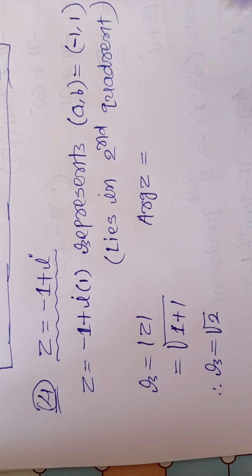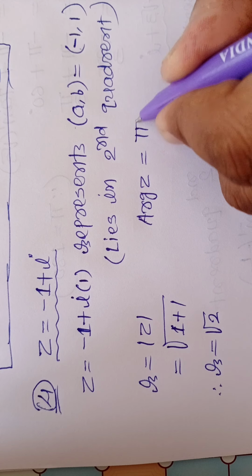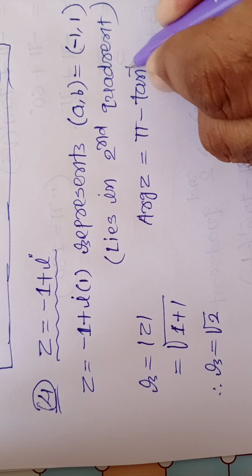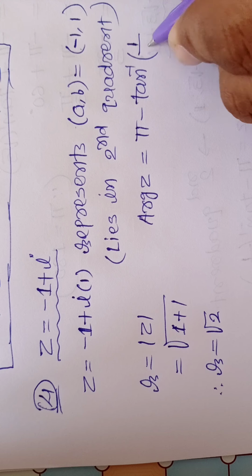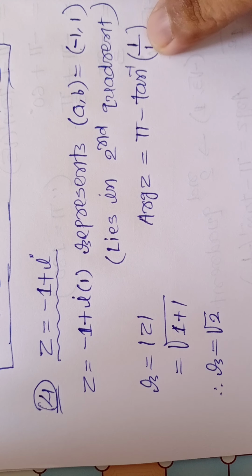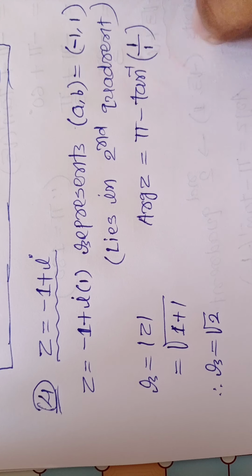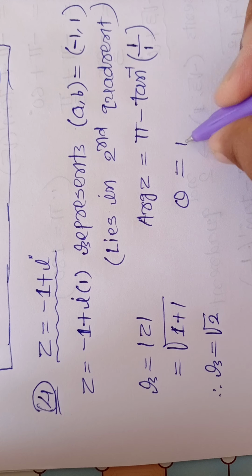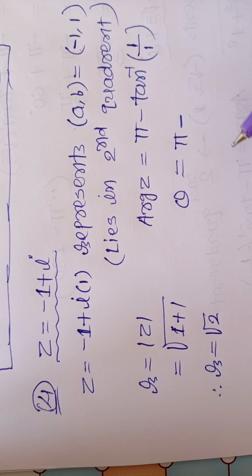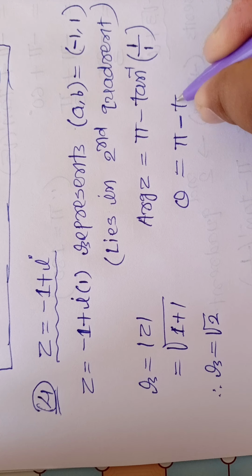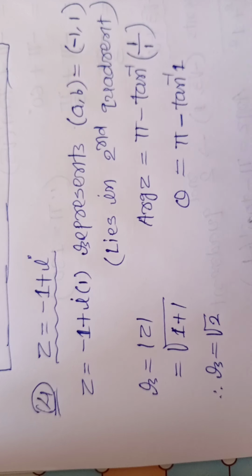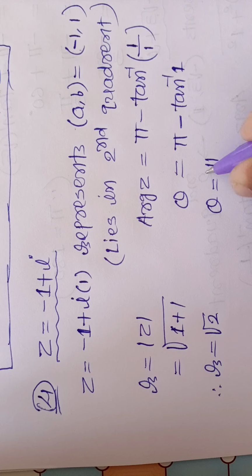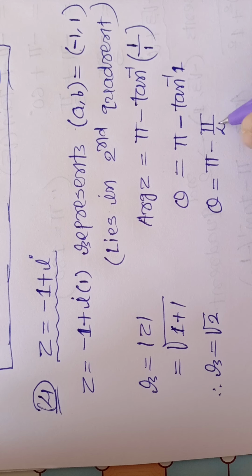Do you know that in the second quadrant the argument is pi minus tan inverse b by a, but do not write the negative sign here, because it is modulus. So theta is pi minus tan inverse 1, my friend, and tan inverse 1 is pi by 4.